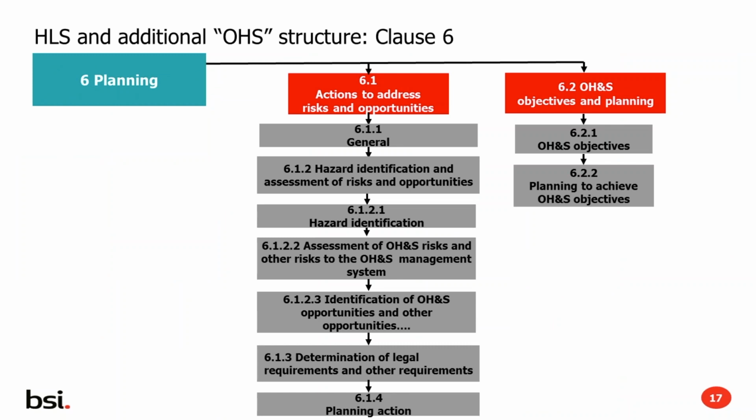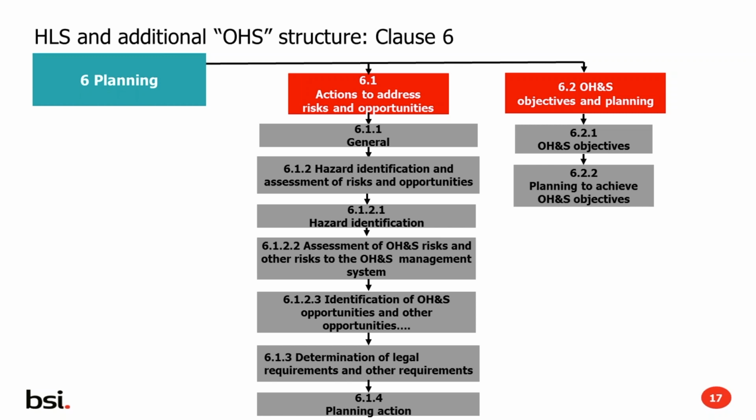So in the next slides, you'll see the sub-clauses on the 6.1 and 6.2 that are specific to 45,001 again. So the hazard identification, the risk assessment process, the identification of other occupational health and safety opportunities, risks and opportunities, and then determination of legal requirements. That sequence is specific to the 45,001 only, as well as assigning the occupational health and safety objectives, and then plans to achieve those objectives.